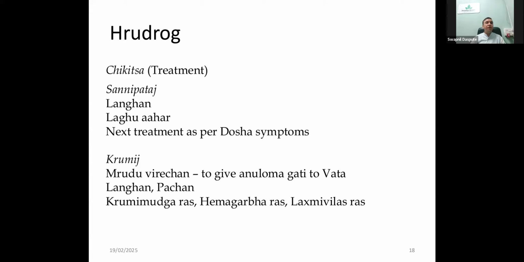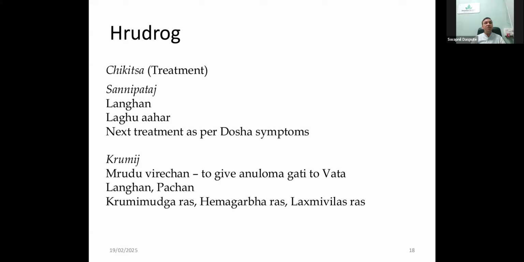In Krumija type of Rudroga, Mrudu Virechana, to give Anuloma Gati to Vata, Virechana should be given. And Langhana, Pachana, Krumi Mudgarasa. Krumi Mudgarasa is specifically to kill the Krumi in the heart region which have developed.